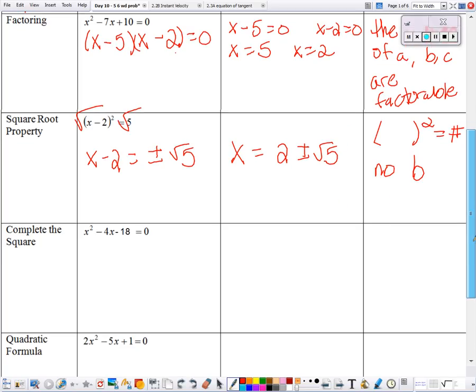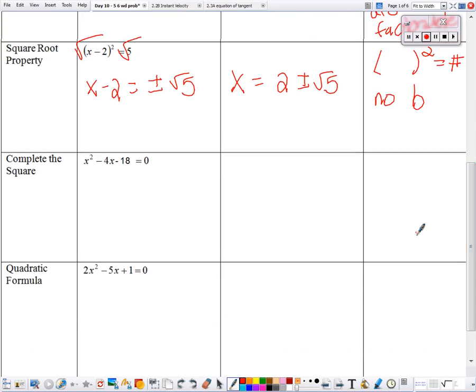Okay, the complete the square method. We're going to use complete the square if b is even, and hopefully there's no value in for a, or the a is 1. Okay, so let's complete the square for this problem. So move the 18 to the right side.